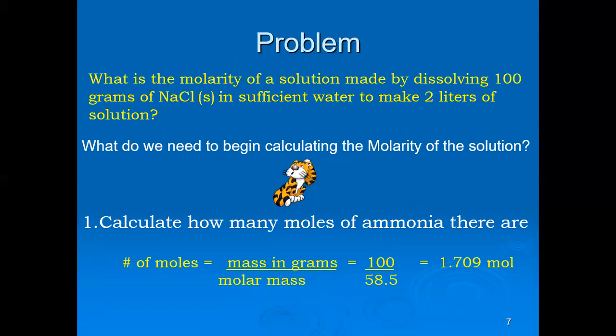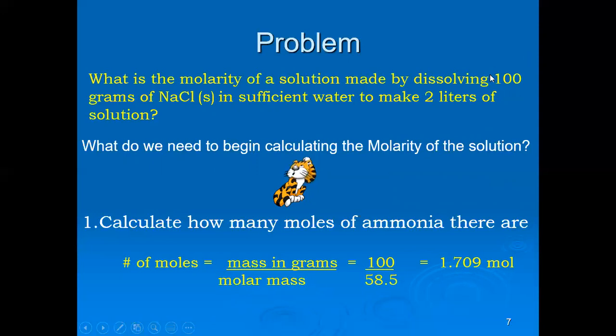Now, the second part: what is the molarity of a solution made by dissolving 100 gram of NaCl in sufficient water to make 2 liters of solution? Again you have to calculate the molarity of that solution. First of all, you have to calculate the number of moles. The formula of number of moles is mass in gram divided by molar mass.